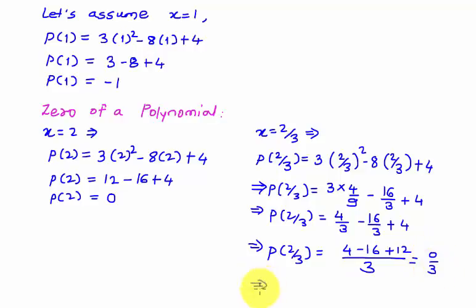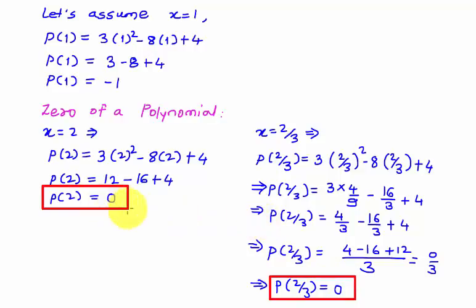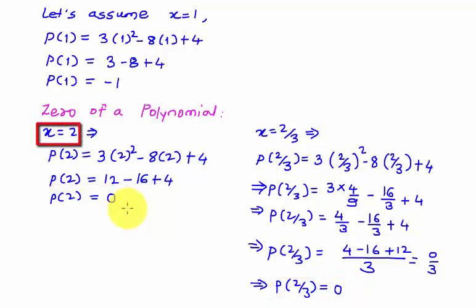That means the value of the polynomial at 2 by 3 is 0. Now in both the cases, if we put the value of x as 2 or 2 by 3, the polynomial becomes 0. Hence the values 2 and 2 by 3 are called zeros of the given polynomial. So the polynomial 3x square minus 8x plus 4 has zeros 2 and 2 by 3.